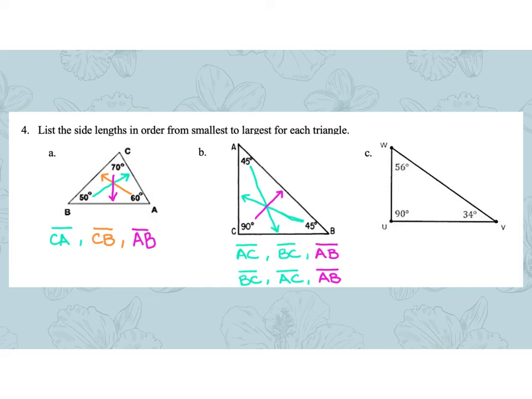For C, I will find my smallest angle, 34, and draw an arrow across to the opposite side. Side WU is my shortest side.